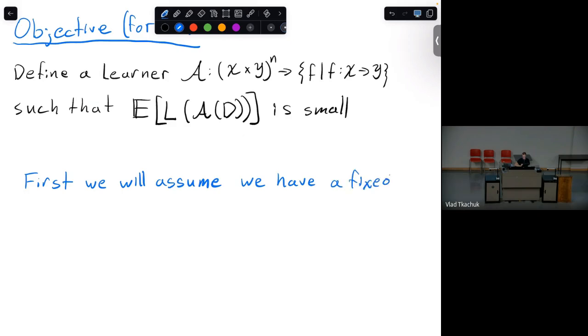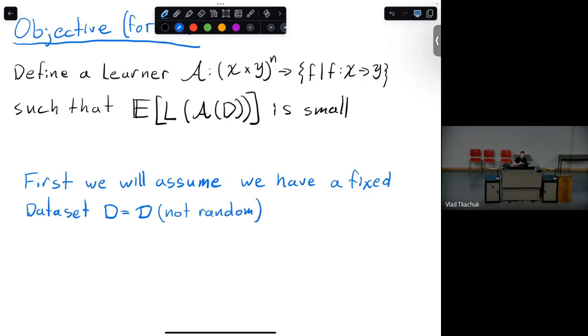So there's no randomness to this data set. It's been given to us. And we're just going to study, if I just had these n feature label pairs, what would I do with it? And so we're going to say D is equal to this specific instance of the data set, calligraphic D. And this calligraphic D is not random. We'll talk more about this.